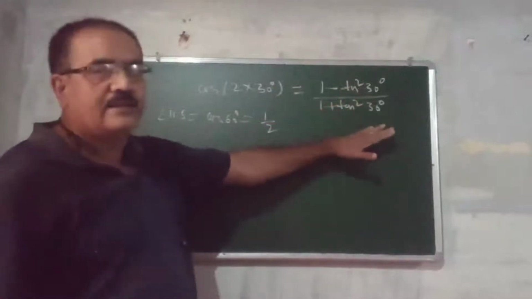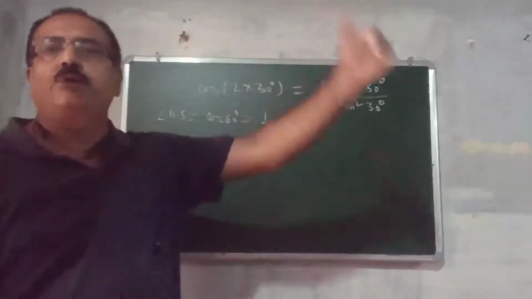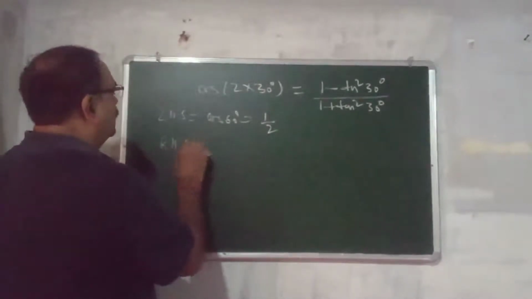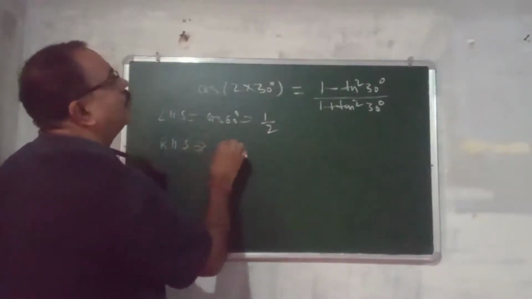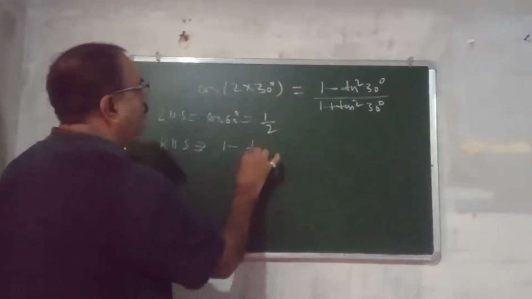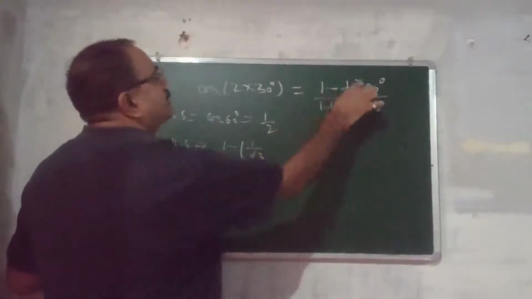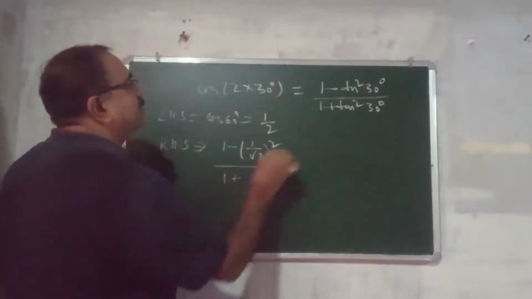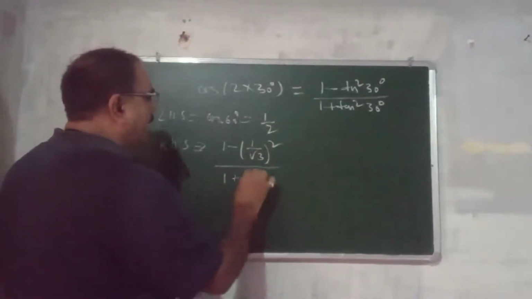Now we will take RHS and we will show that it is also equal to 1 by 2. So RHS: 1 minus tan 30, 1 by root 3 and their square, so write square, by 1 plus (1 by root 3) their square.